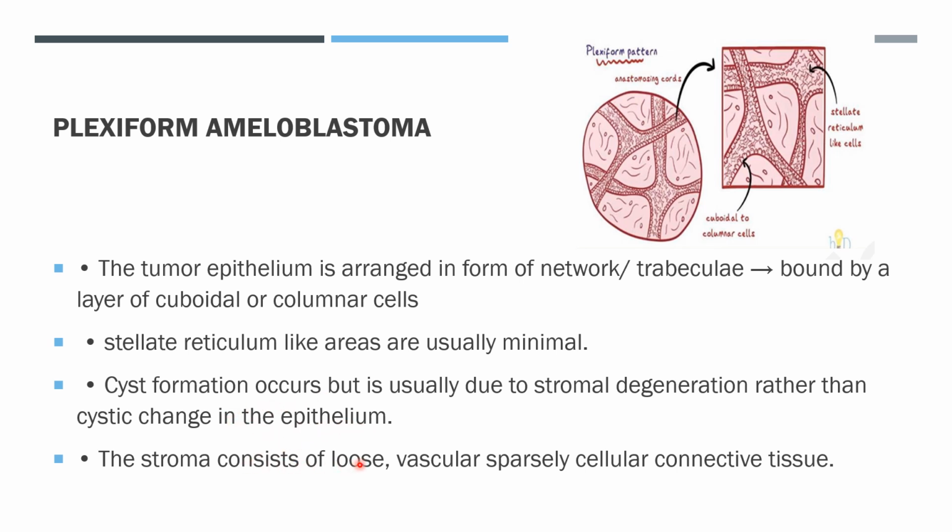The stroma consists of loose, vascular, sparsely cellular connective tissue. Here we can see the epithelial border of cuboidal or columnar cells. Stellate reticulum-like cells will be there, but they are minimal as compared to the follicular ameloblastoma.